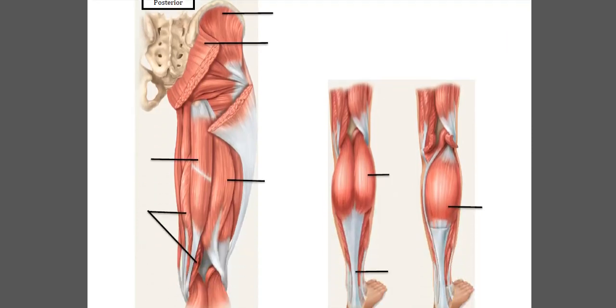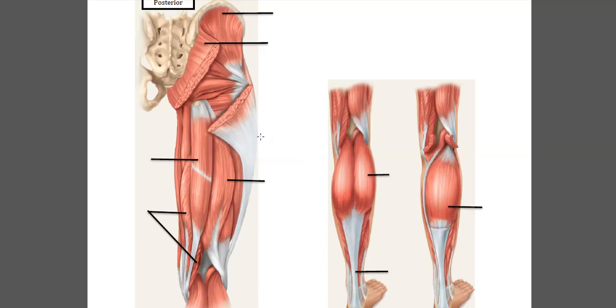Looking at the posterior view of the leg, staying still up in the upper leg, we have the gluteus maximus here. This is cut. You can see it would stretch from here up across to here. It's cut so that we can see the muscles underneath. Up top and below the maximus is the gluteus medius.